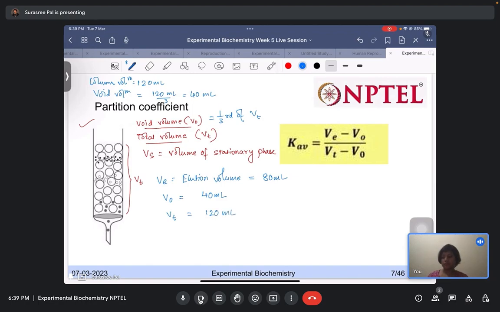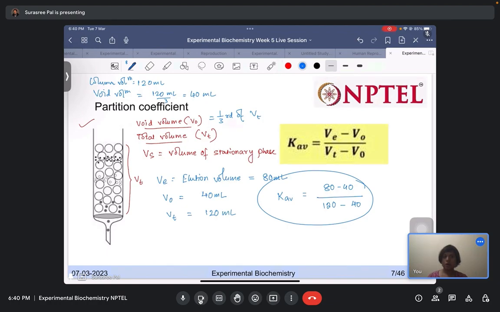So from this information we can calculate the partition coefficient. That will be VE minus V0, which is 80 minus 40, divided by VT minus V0, 120 minus 40. So this will give us the partition coefficient.